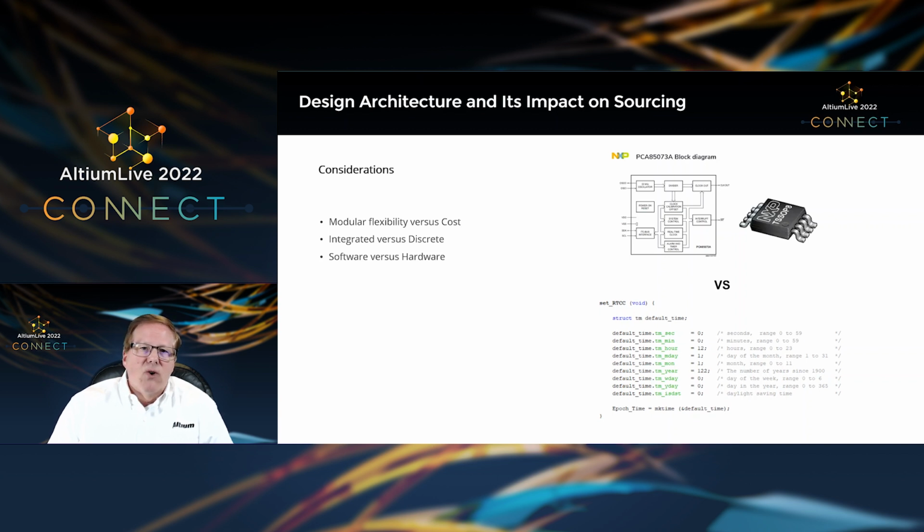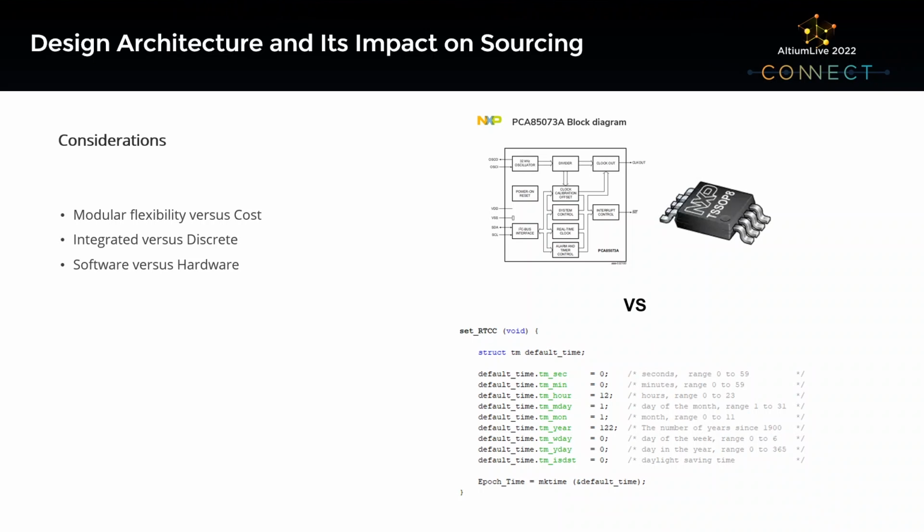Okay, so let's talk about software versus hardware. This is a little different angle. I mean, the fact is that there are things that you can do in software that eliminate chips on the outside, and there's things that you can do in software to circumvent unavailability of certain devices that you may rely upon.